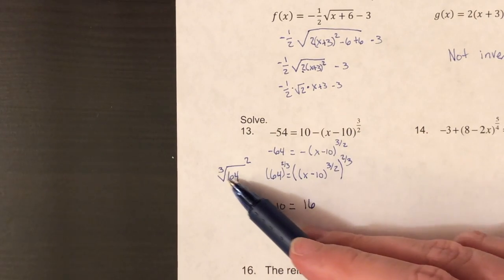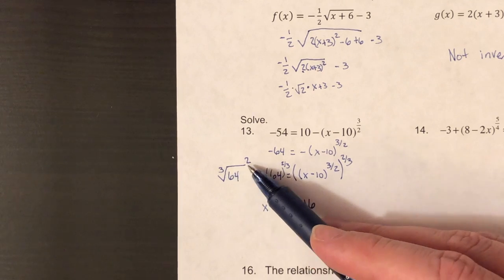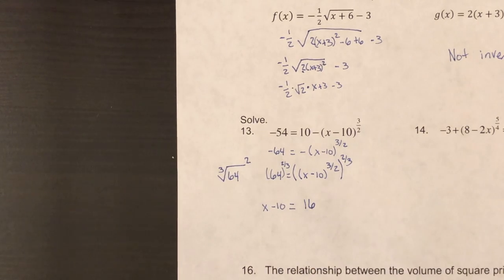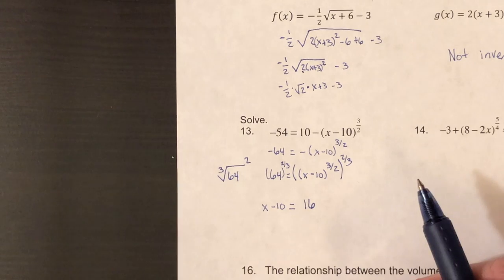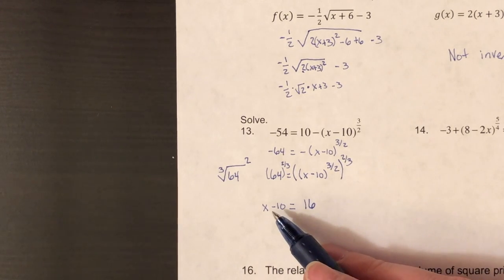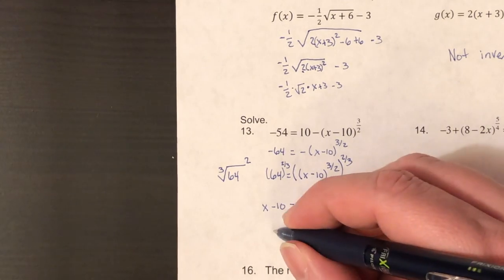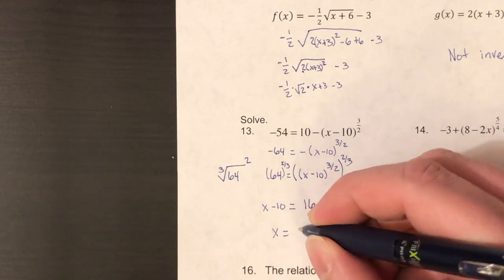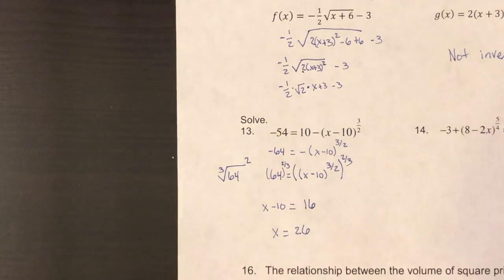So I'm taking the cube root of 64, and then I want to square it. And that's where that 16 comes from. Then I need to add 10 to both sides. I get x equals 26.